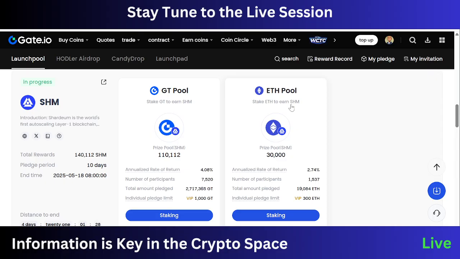Now looking into the price pool for the ETH pool, where you stake ETH to earn SHM.